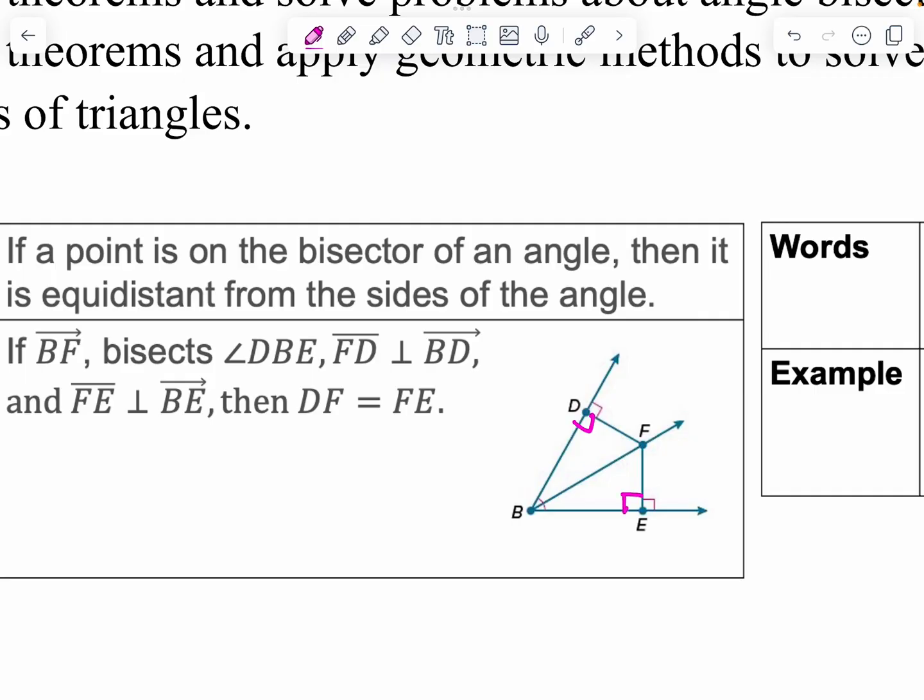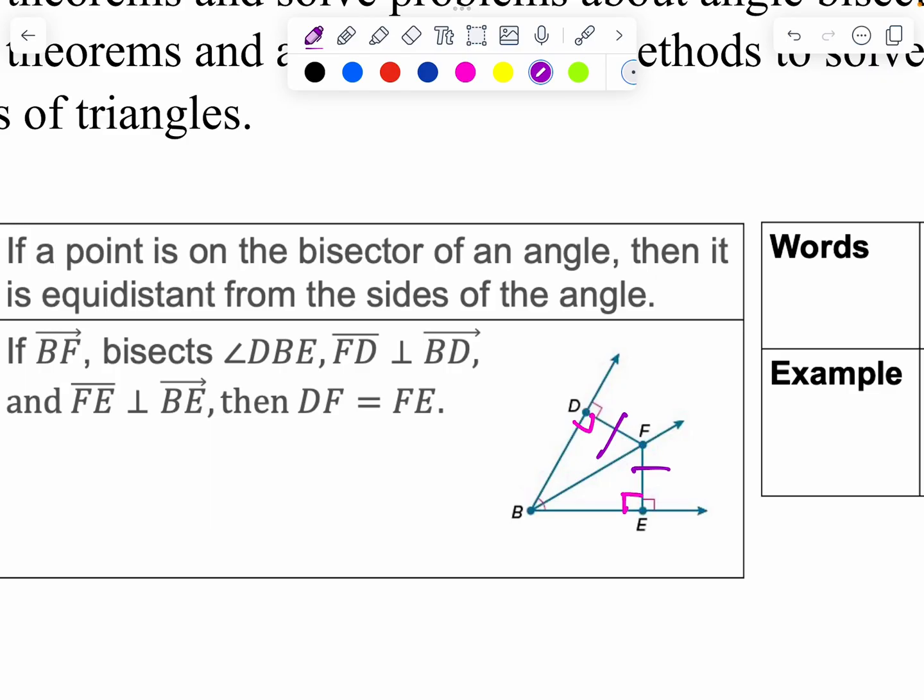Notice in these two triangles, we've got two angles that are congruent, and then side BF by reflexive. So I've got angle, angle, side. And so therefore by angle, angle, side, those two triangles are congruent. And by CPCTC, we know DF is congruent to FE.